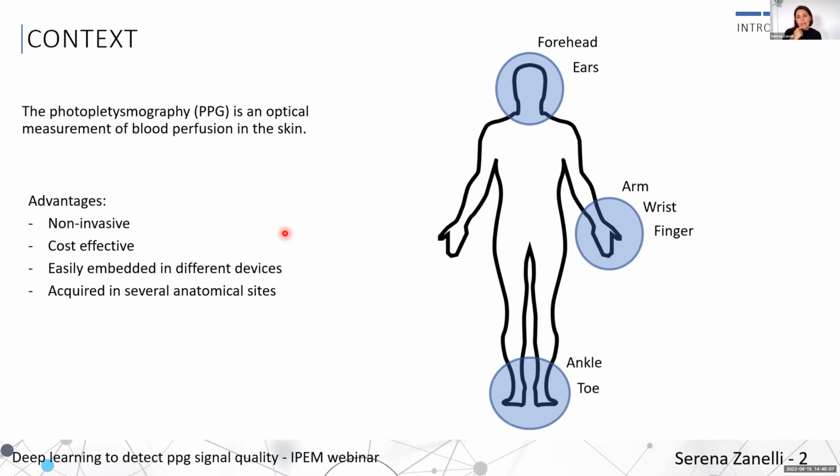For example, it is usually detected on the finger and wrist, but it can be acquired also on the head and on the feet. The only condition is that the skin has to be thin enough to allow the light to reach the pulsatile component.